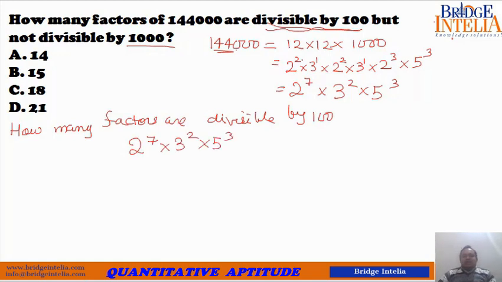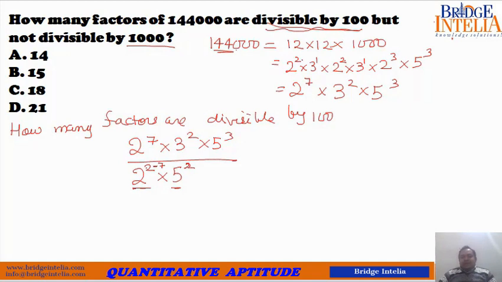If it is divisible by 100, then mandatorily 100 will be seen in the factor. So 100 means this is 100. So lower limit is set. Power of 2 cannot be less than 2, but it can be more than 2. So any power between 2 to 7.